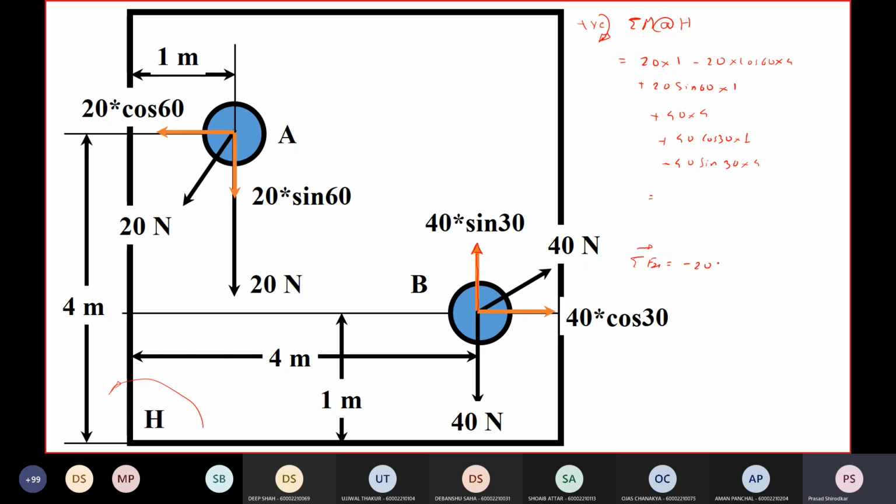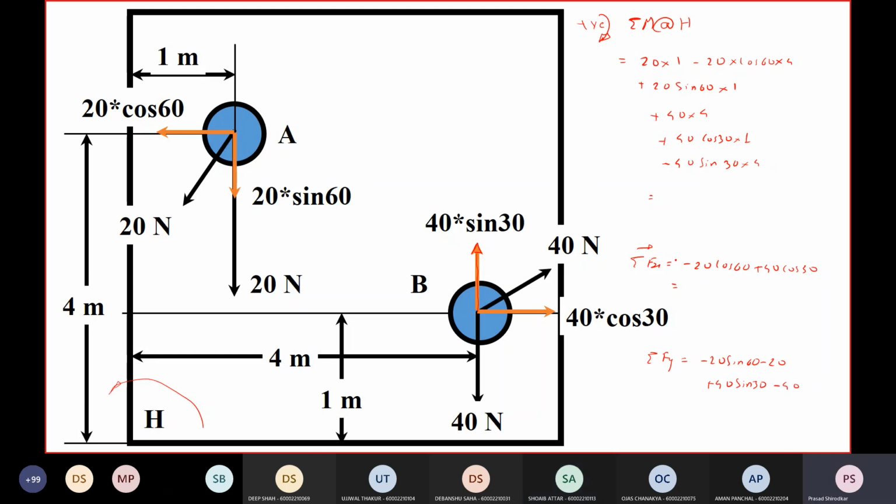So minus 20 cos 60 plus 40 cos 30. So that is the fx, and summation fy is equal to minus 20 sine 60 minus 20 plus 40 sine 30 minus 40.